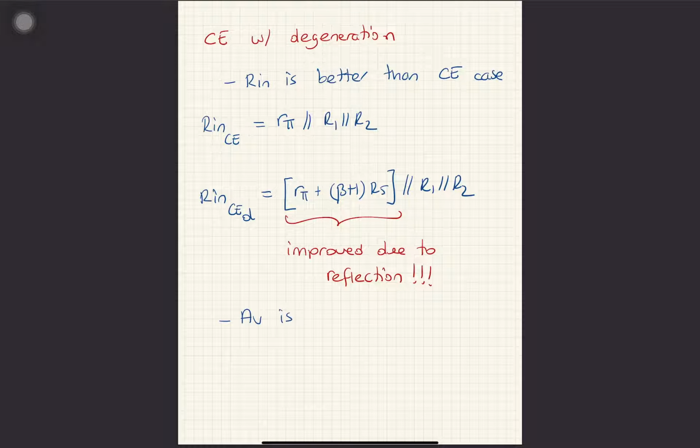AV is less than CE by 1 plus Gm R5. We sacrifice from AV, but we improved the input resistance by using degeneration.